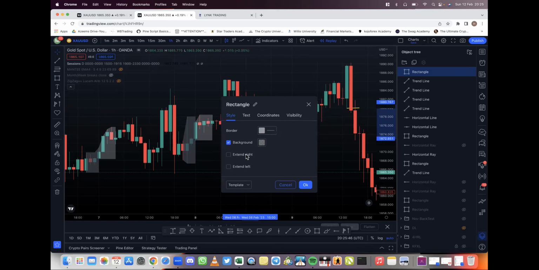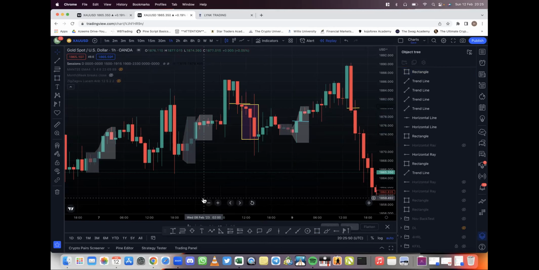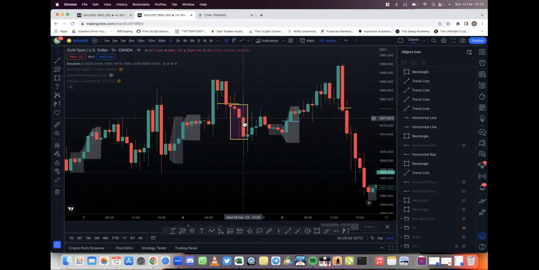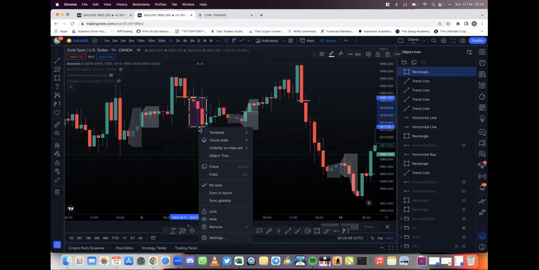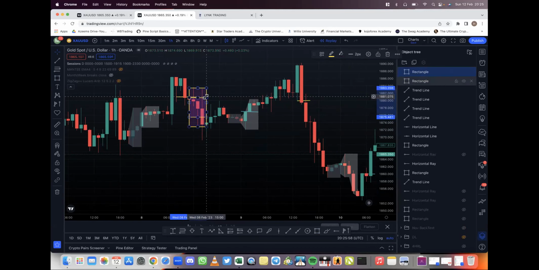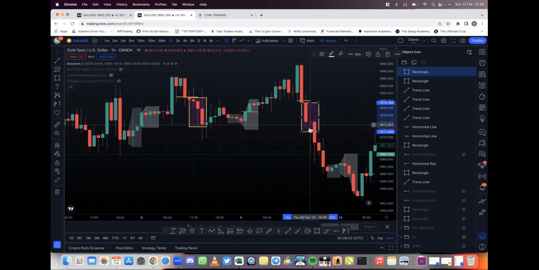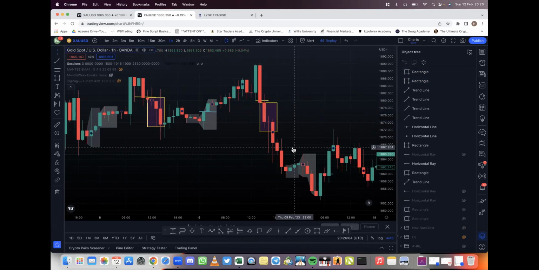Let me bring a rectangle. Okay, that's fine. From here, we can trade this to the bottom here, right? Let me clone it, and then put it on this other one. From here, we can trade to the bottom here, let's say.